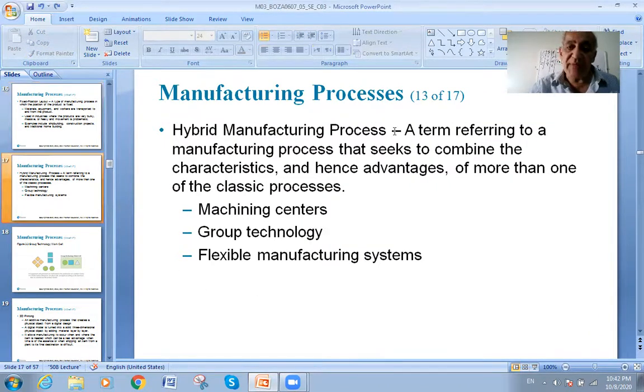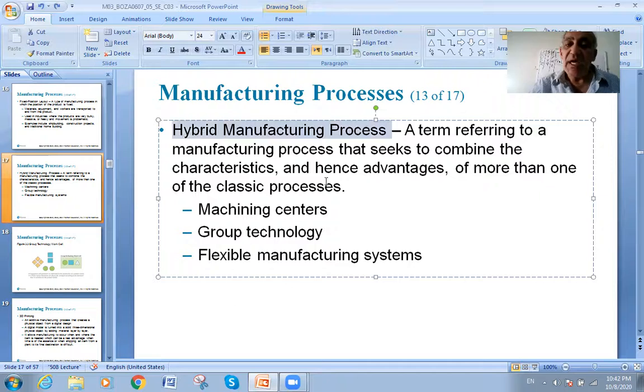How about the hybrid manufacturing process? It gathers more than one of those types of production. It's not only one, but more than one of them, like machining centers, group technology, and flexible manufacturing systems as well.